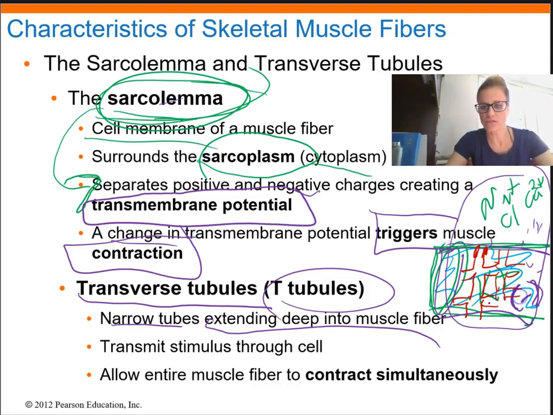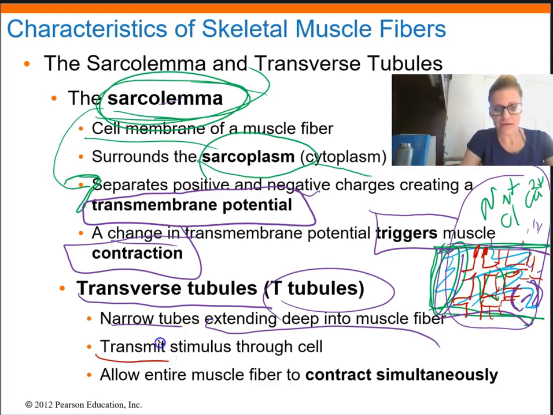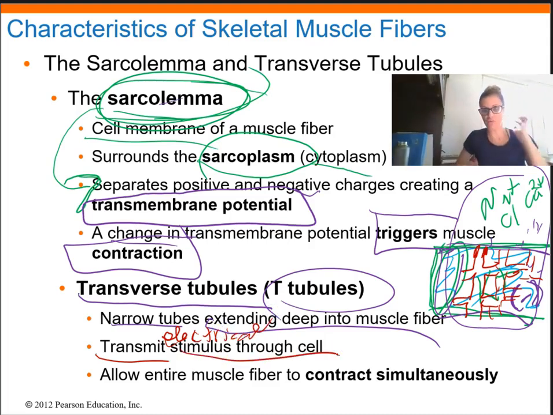They're like a little tunnel system that goes through the muscle fiber. And what these T-tubules do is they transmit the electrical stimulus throughout the whole muscle fiber really, really quickly.